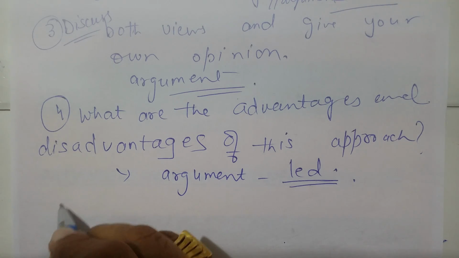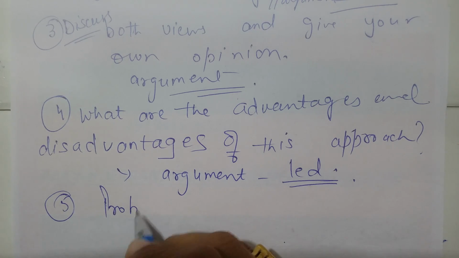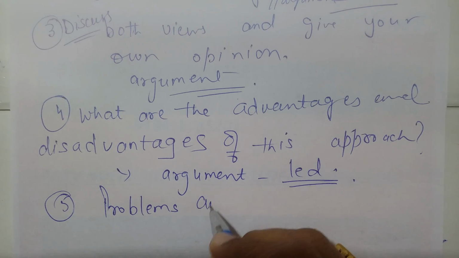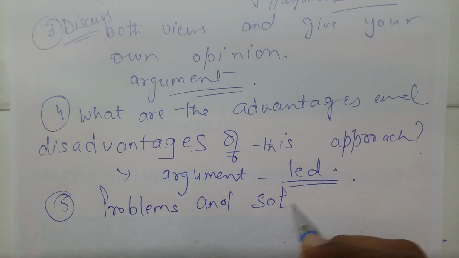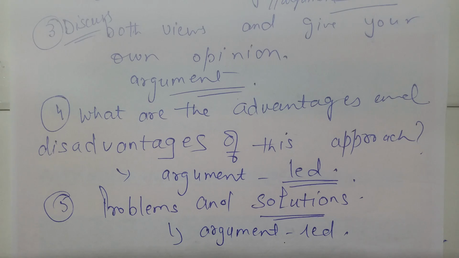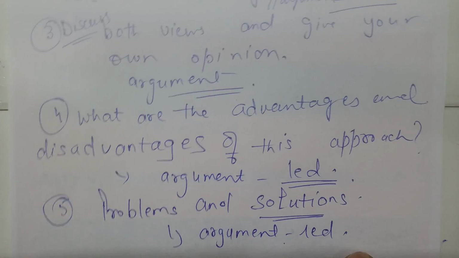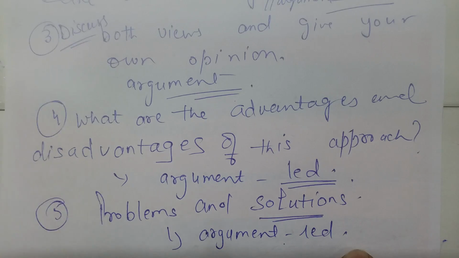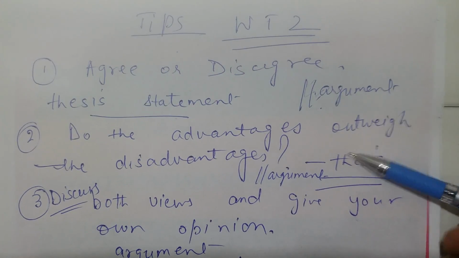If the essay is based on problems and solutions, again it requires from you an argument-led approach. Don't go on the thesis-led approach. So it means number 1 and number 2 are thesis-led statements here.